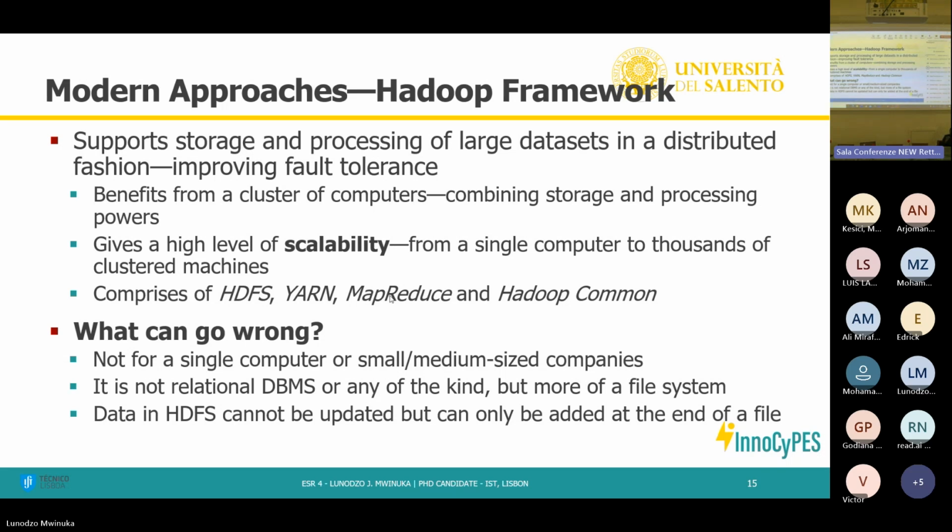But what can go wrong with this system? We already have a distributed environment, and we are also supporting very large scale data. Let's look at what can go wrong. First of all, it is not really made for medium-sized or small-sized companies.